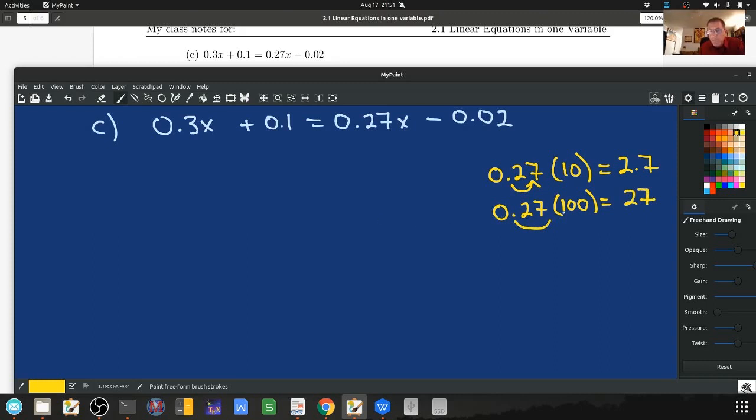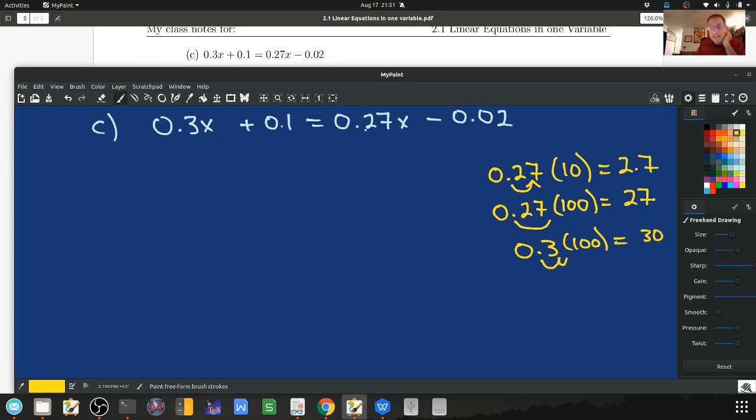So if I multiply both sides by 100, the 0.27 becomes 27. The decimal disappears. Will it make the decimal disappear on this term? Well, let's ignore the x for right now. Multiply that by 100. I move the decimal 1 place, 2 places over, so I get 30. So that's the trick.